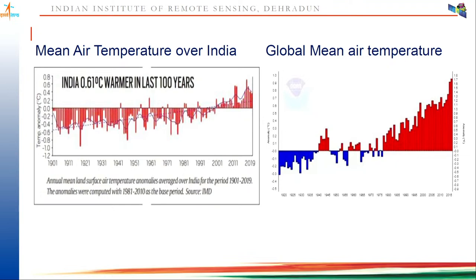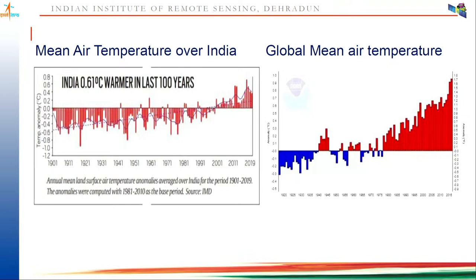Here you can see the mean temperature trend over India and the globe. You can see here 0.6 degree warming over 100 years. So there has been an overall increase across the Indian land mass, around 0.6 degree over the last 100 years.